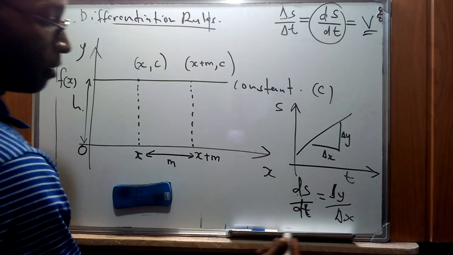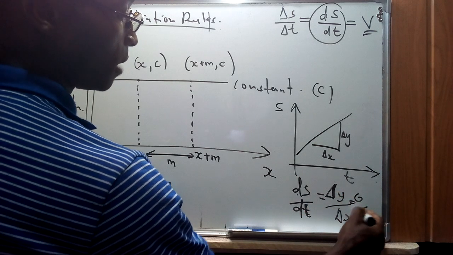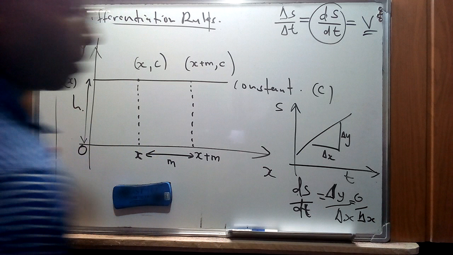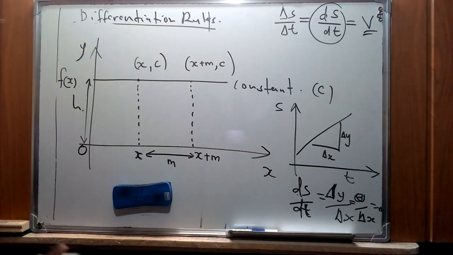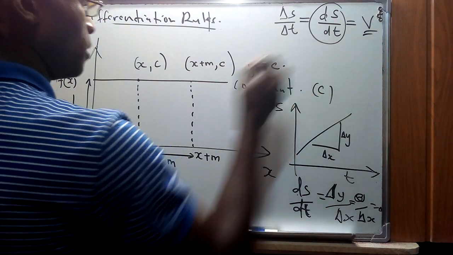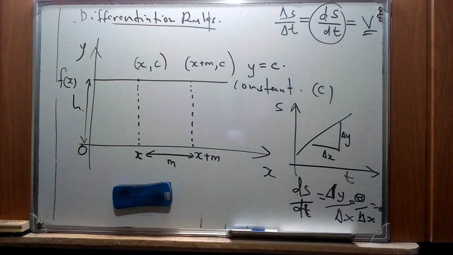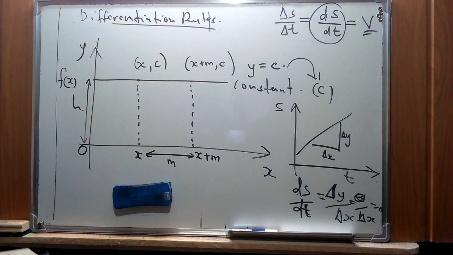If the resulting change in the y-axis is 0, then mathematically any quantity that has 0 as a numerator is going to be 0. Therefore the change for that one is going to be 0, denoting that this y is a constant, which is c, as illustrated at that particular point.